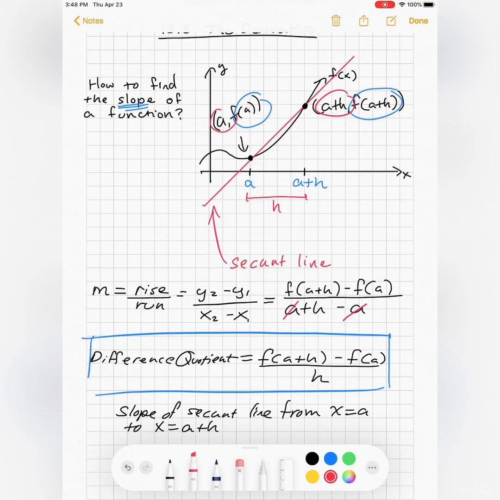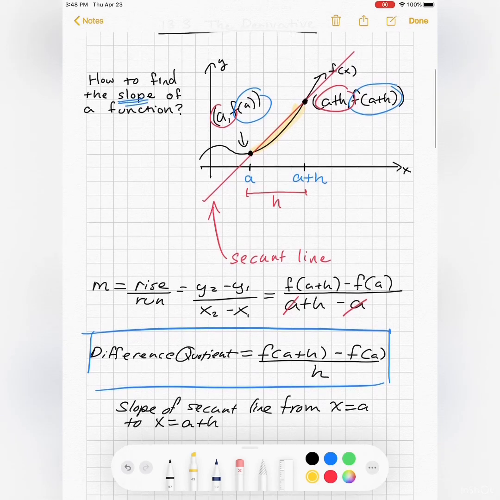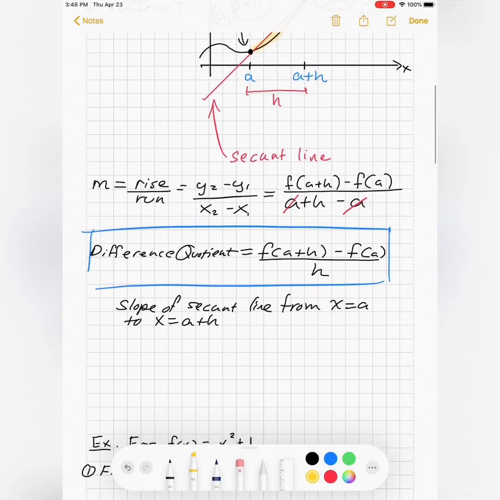So as you can see, that is not exactly the slope of the function, but depending on how far apart the points a and a plus h are, I may get a pretty accurate estimate of the slope of the function, or I guess I may not. But in any case, this is an approximation of the slope of the function in that region then. So that's the information that this formula gives me.